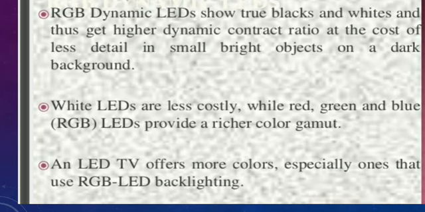White LEDs are less costly, while red, green, and blue LEDs provide a richer color gamut. So it gives rich color and high color contrast. LED TVs offer more colors, especially ones that use RGB LED backlighting. So LED TV gives more brightness and more colors, right?